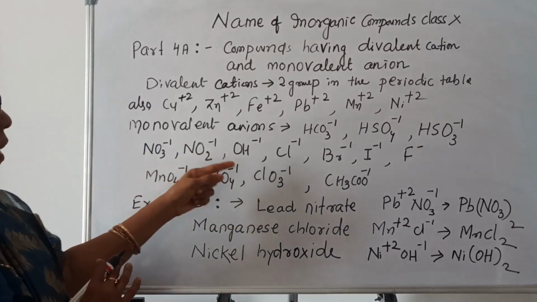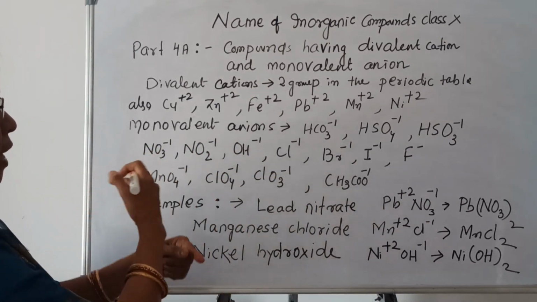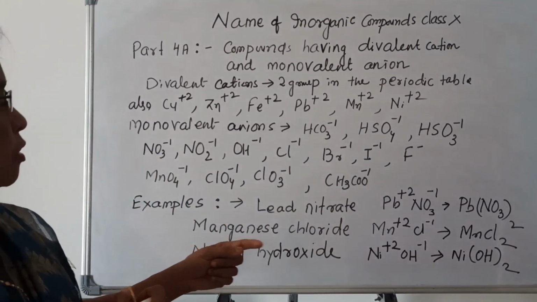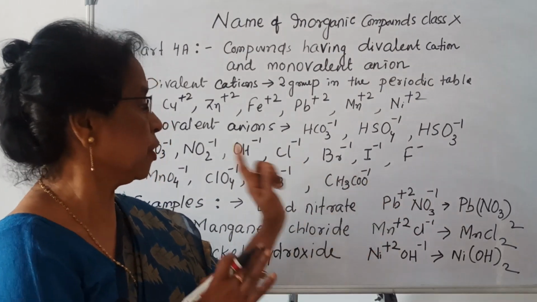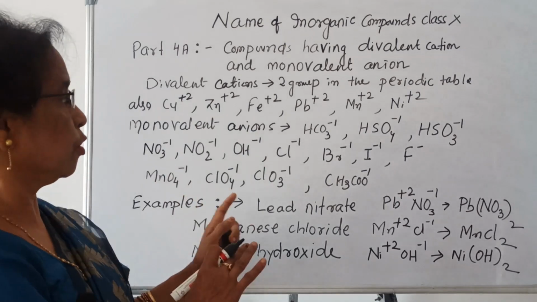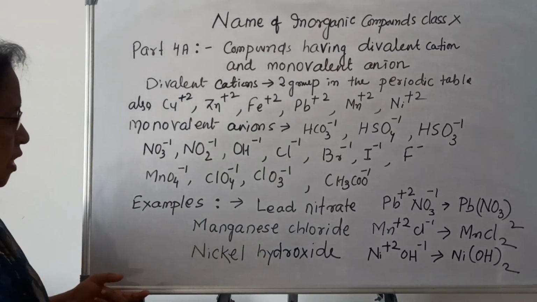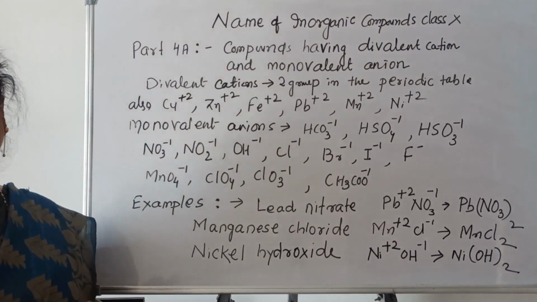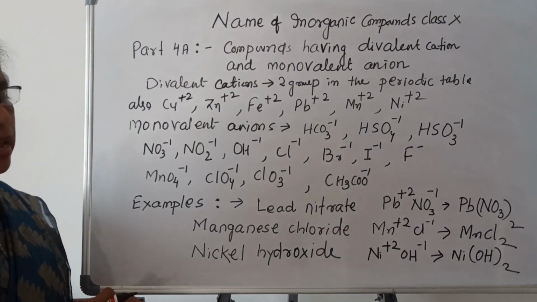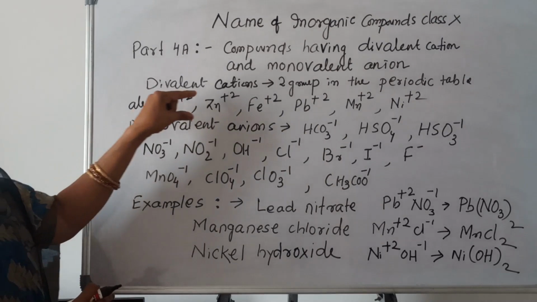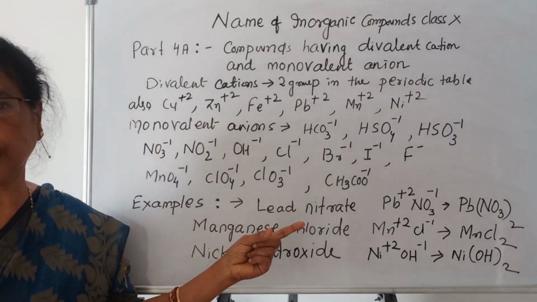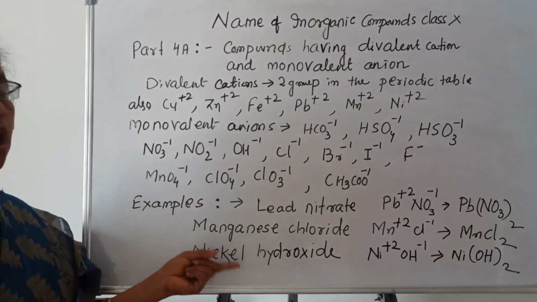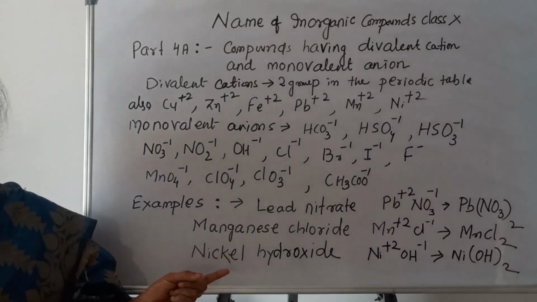After that you write crosswise, that multiplication: 2 comes here, 1 comes here, and this is the process you will do. Now we will see other compounds having divalent cations and monovalent anions. Now we'll proceed to other examples.